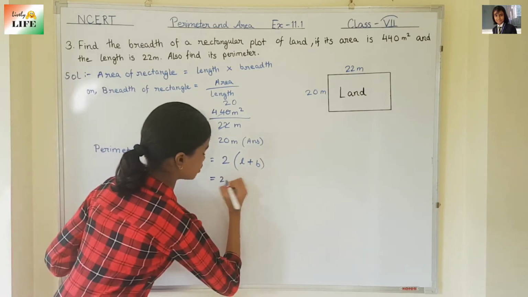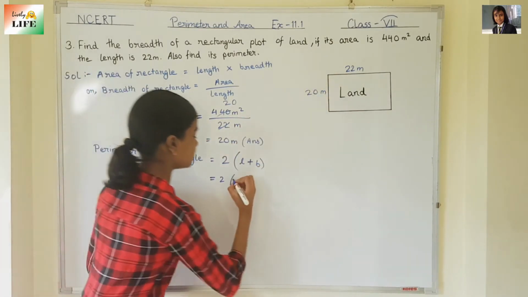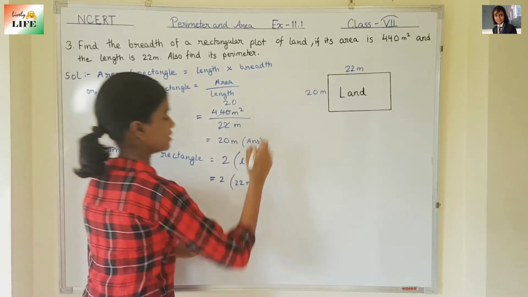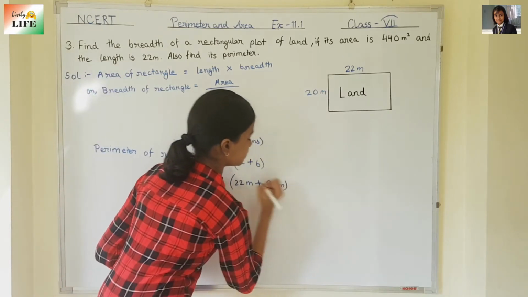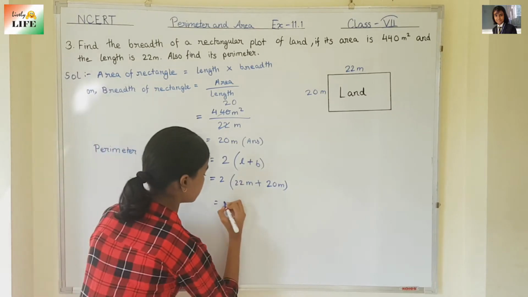So 2, and what is the length? 22 meter, plus what is the breadth? 20 meter. We have already found it. So 2 into 22 meter plus 20 meter.